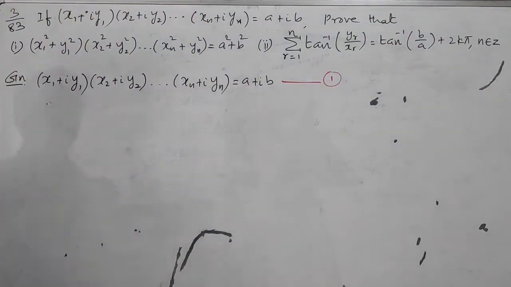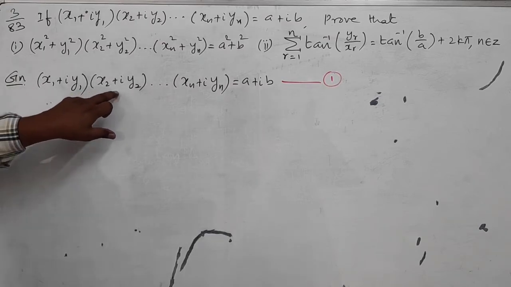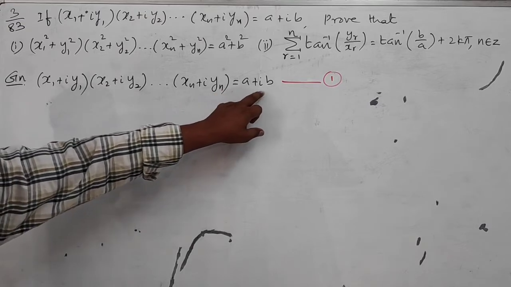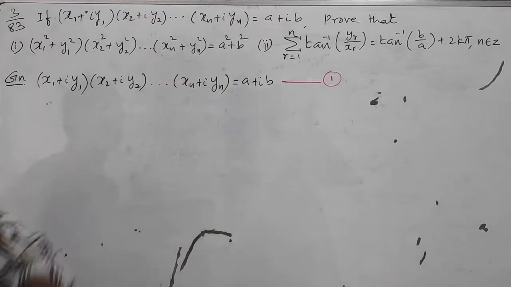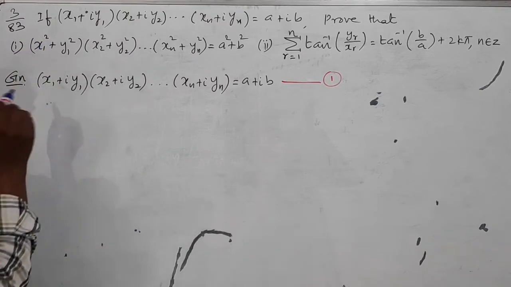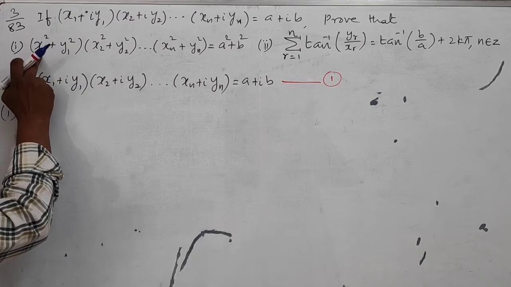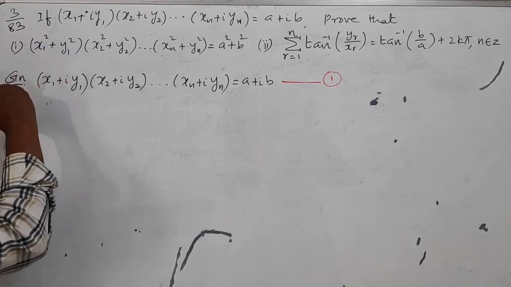Now let us see one by one. The first subdivision: see what is given, x1 plus i y1 into x2 plus i y2 and so on up to xn plus i yn is equal to a plus i b. Let it be equation number 1. Then for finding the first subdivision, here we have the sum of squares of the real part and the imaginary part.